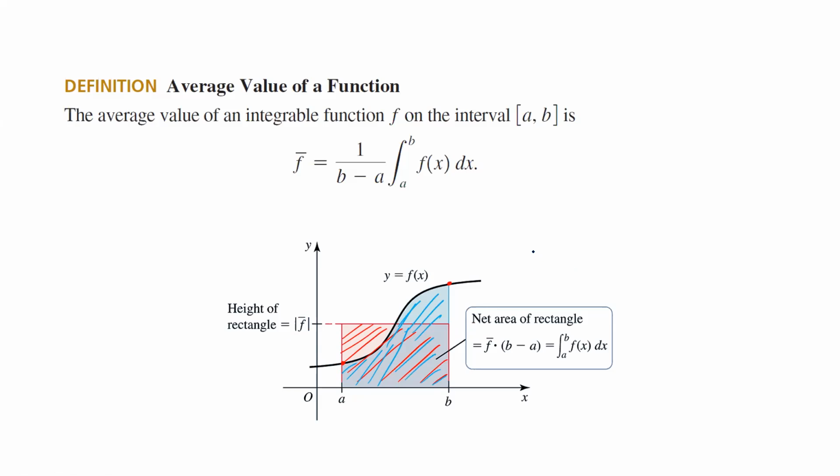Okay, so the area under the curve is equal to the area under the rectangle with a height of f bar. So the area under the curve on that interval a, b.